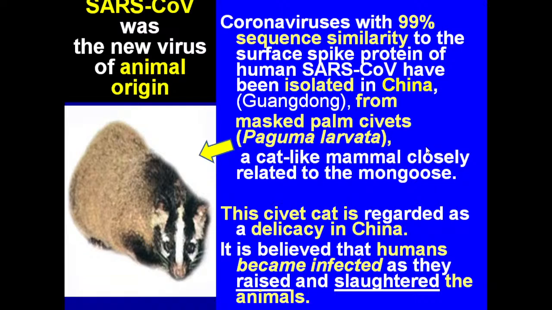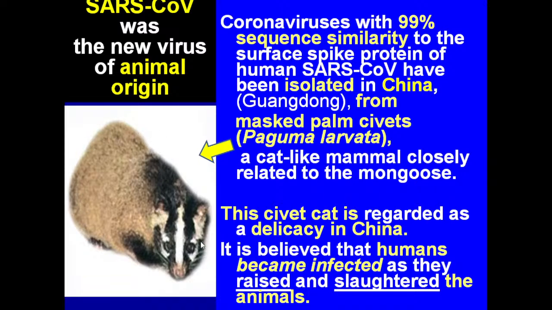The coronaviruses, with 99% sequence similarity to the surface spike protein of the human virus, had been isolated in China from a very cute animal. This is the masked palm civet, Paguma larvata.